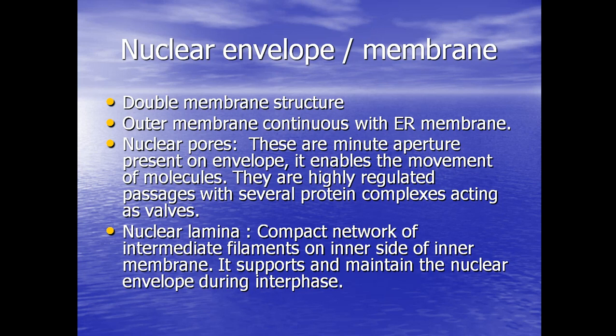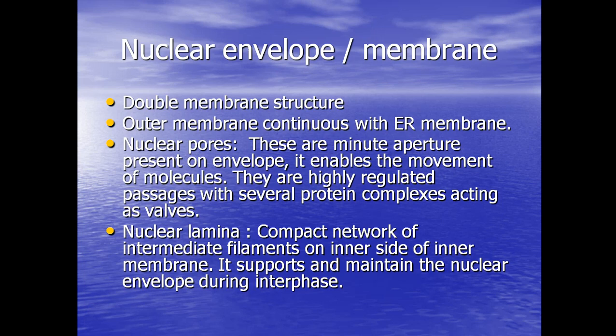The nuclear envelope and membrane is very important because it surrounds the nucleus and makes it a distinct, separate, unique structure within the cytoplasm. So this nuclear envelope is a double membrane structure. There are two membranes, and both are made out of phospholipid bilayer, as you have studied in the plasma membrane.